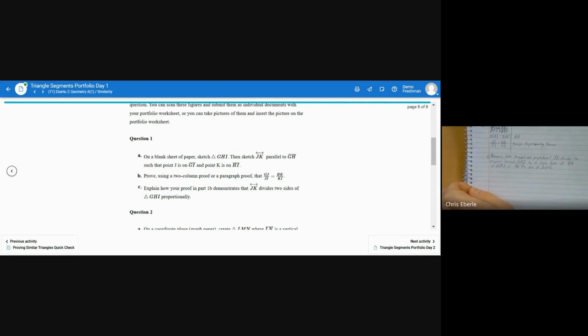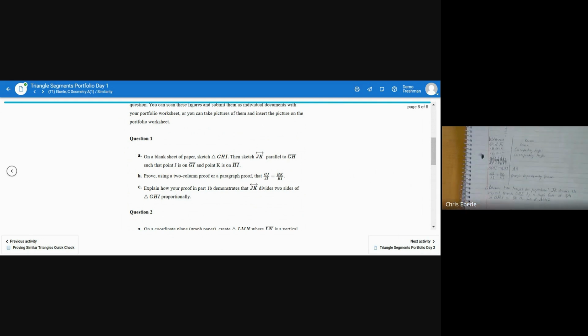Because both triangles are proportional, JK divides the original triangle GHI by a scale factor of 3/4, 3 to 4, and so JKI is 3/4 the size of GHI. Now, you don't have to talk about the scale factor, but I did just because it makes sense with regards to proportionality.